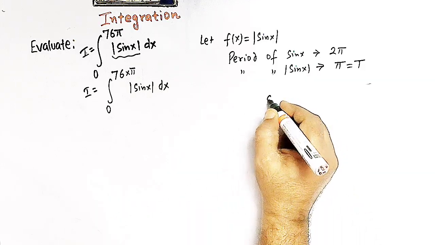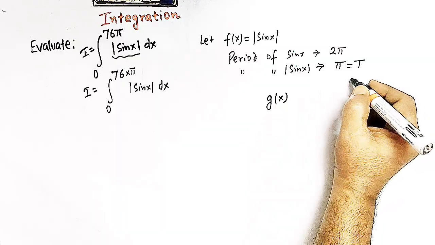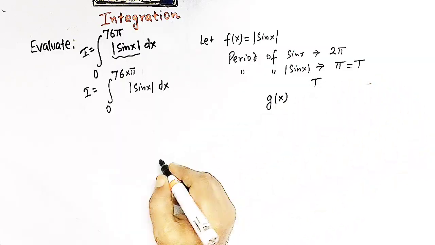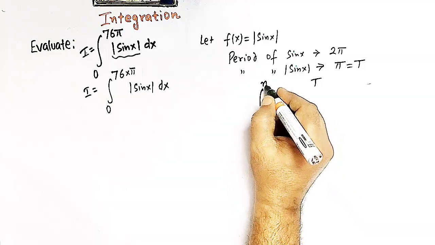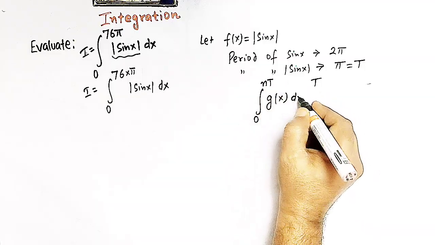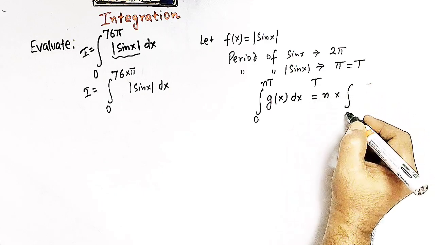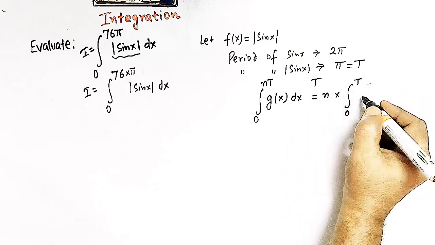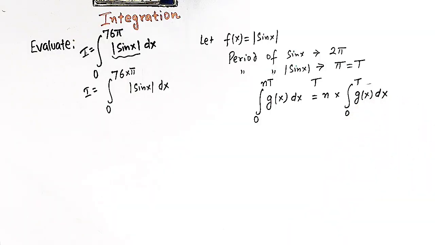Suppose we have a function g of x which has a period t. Then the integral from 0 to n times t of g of x dx is given by n times the integral from 0 to t of g of x dx.